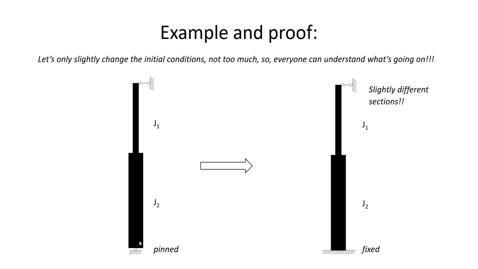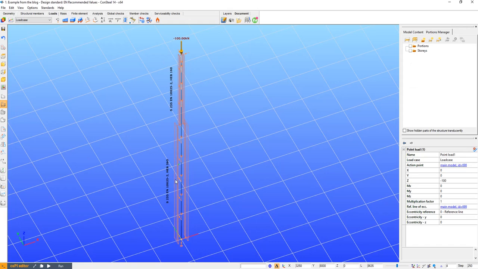I changed the support from pinned to fixed, and then I changed slightly the cross sections of the parts of the column. So what we have is an example from the post of the blogger.